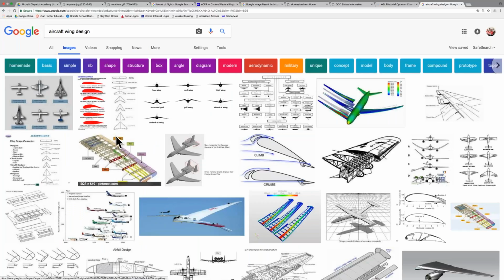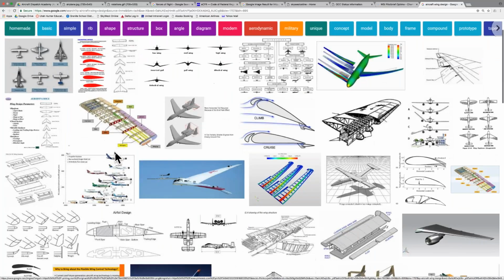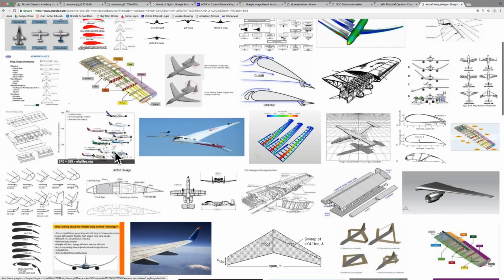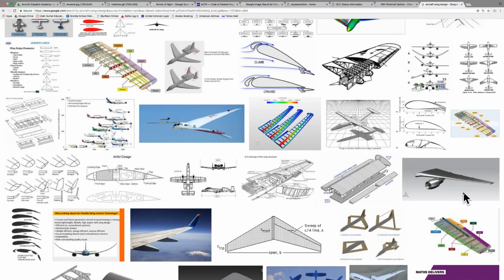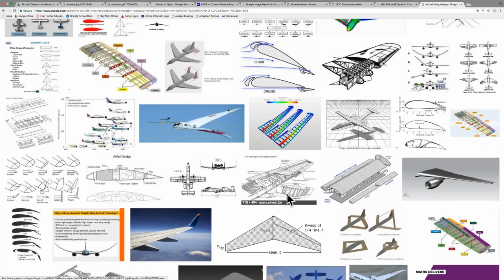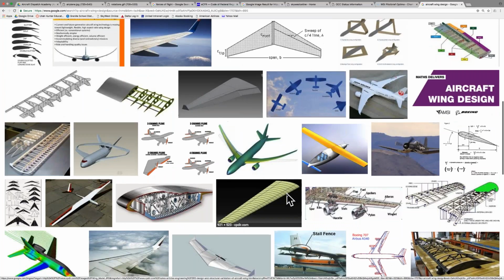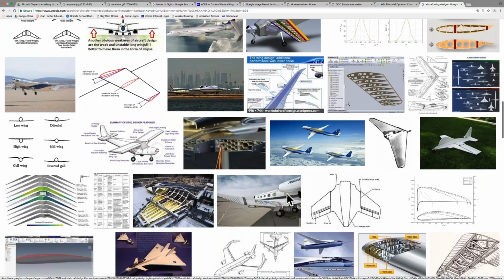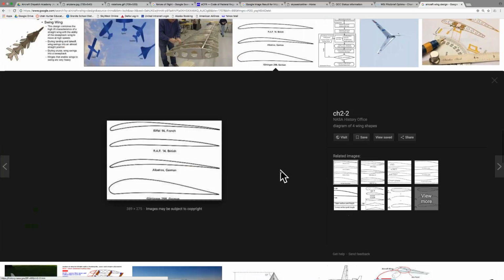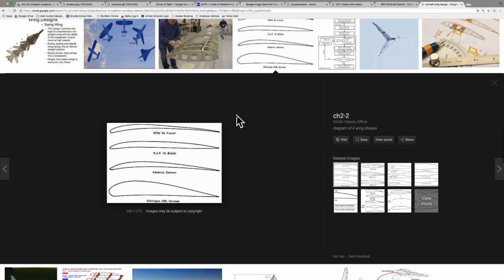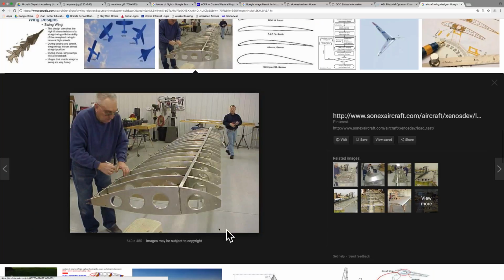Much better. Well, here's an actual wing. Okay, that's a good way to talk about it.